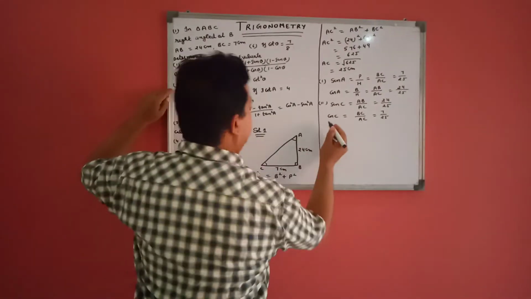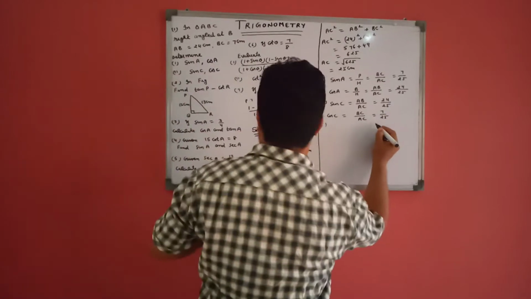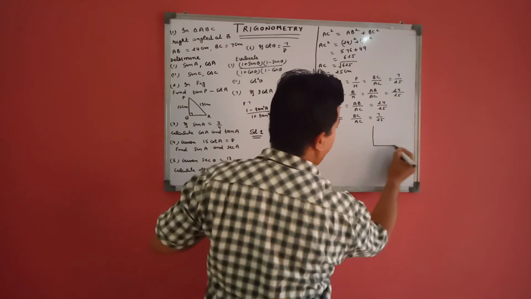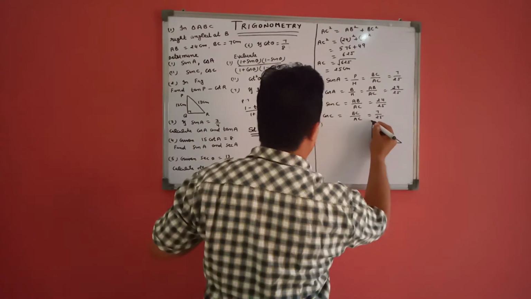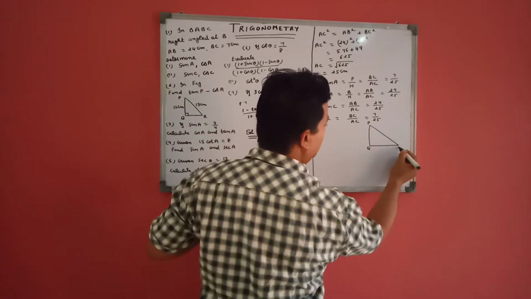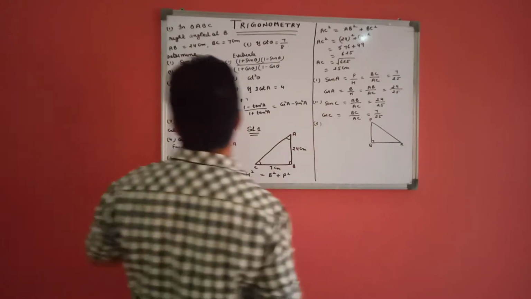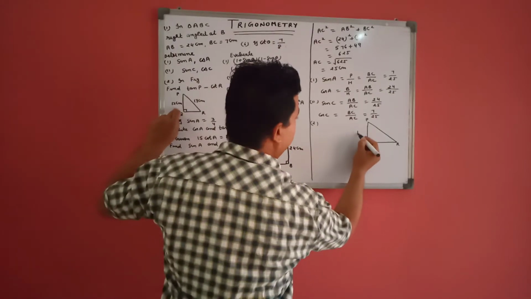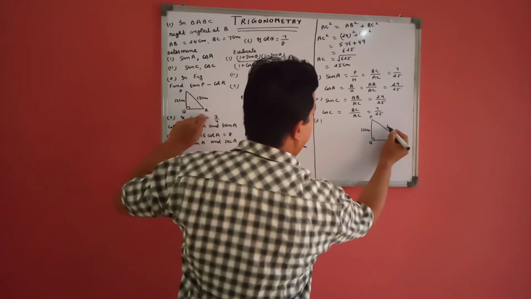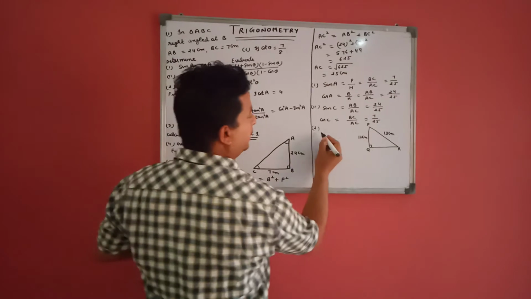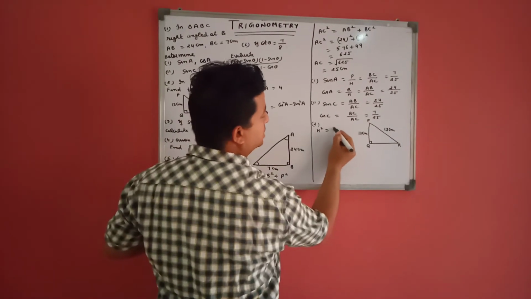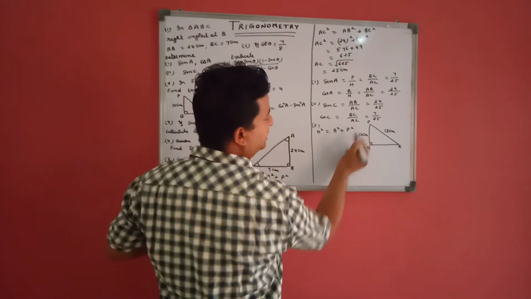In question number two, there is a figure PQR, right angled at Q, in which this side is 12 and this is 13. According to the Pythagoras theorem, h square is equal to b square plus p square.